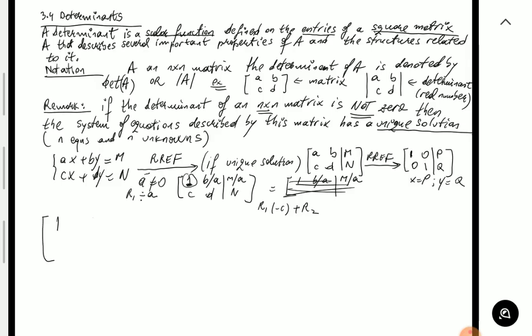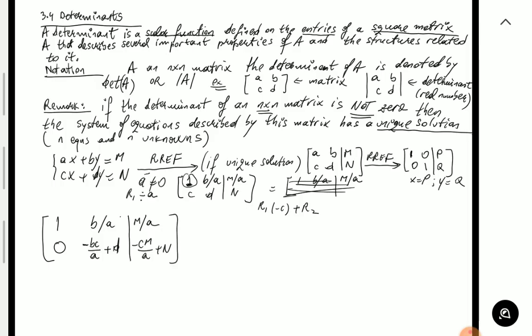So the first row is 1, B over A, M over A. And the second row after this transformation becomes 0, minus BC over A plus D, because I multiply the first row by minus C and add it to row 2. And of course, the last entry will be minus CM over A plus N.